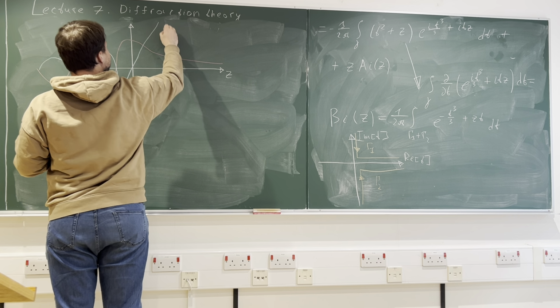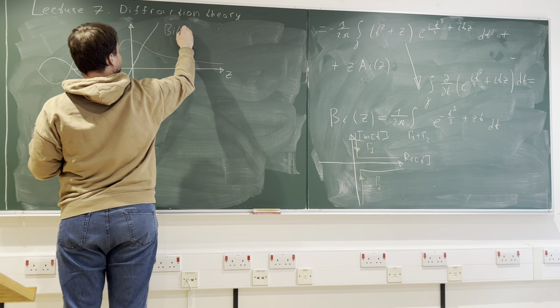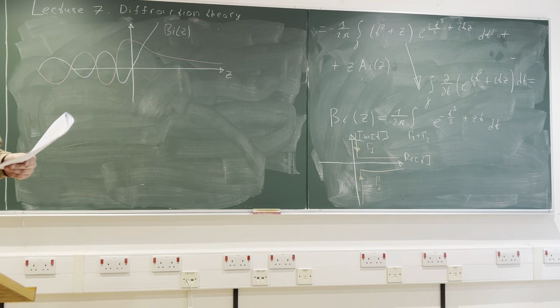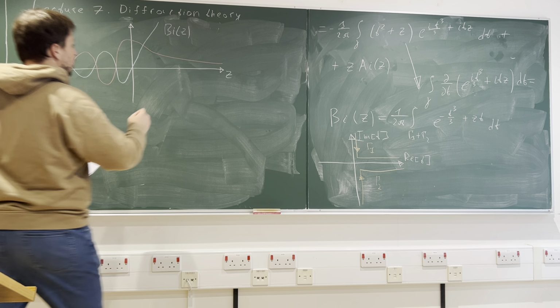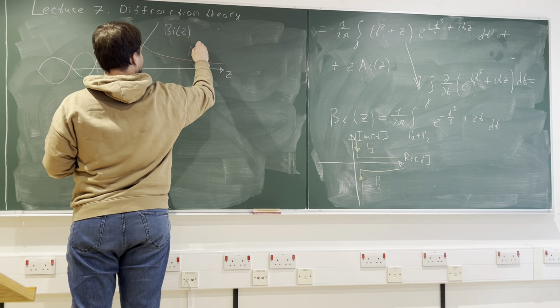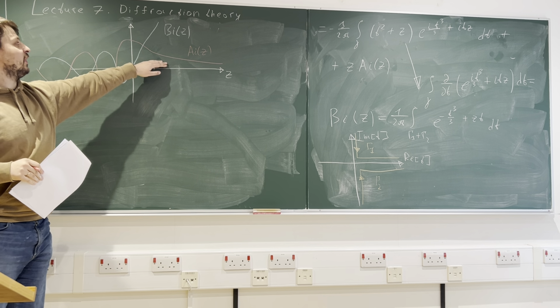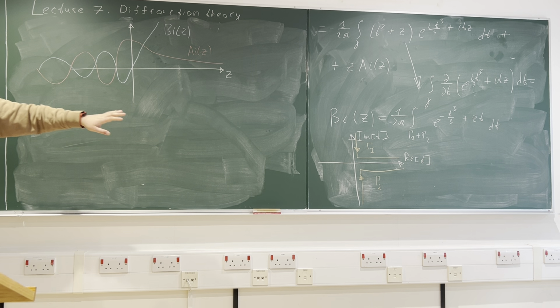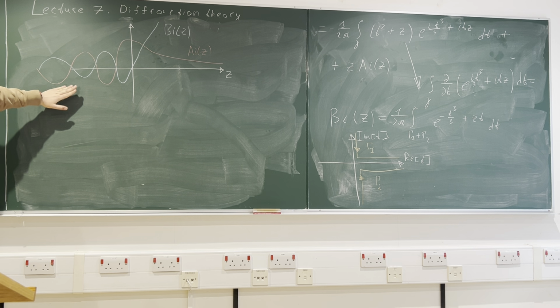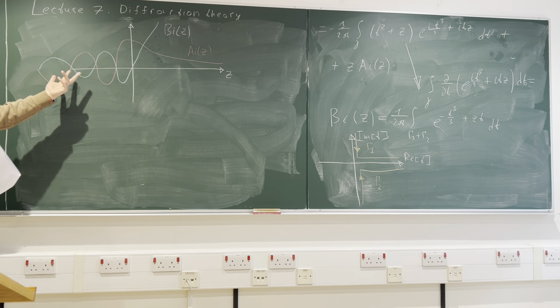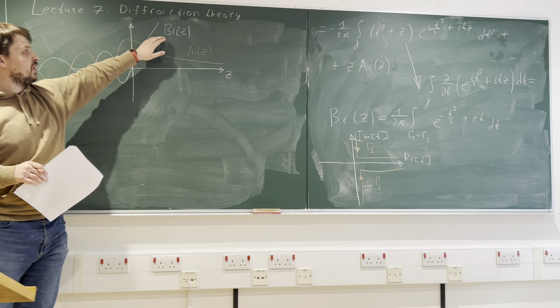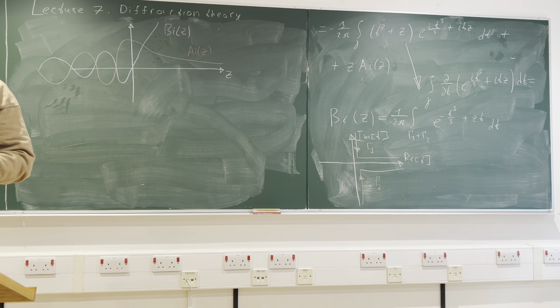So this is Bi. What I tried to show here is that, first of all, for positive z, this thing decays exponentially, this thing grows exponentially. And for negative z, this has some wave type behavior. So they oscillate, they decay slightly, but not exponentially, polynomially. And also the phase shift between Ai and Bi is pi over 2.